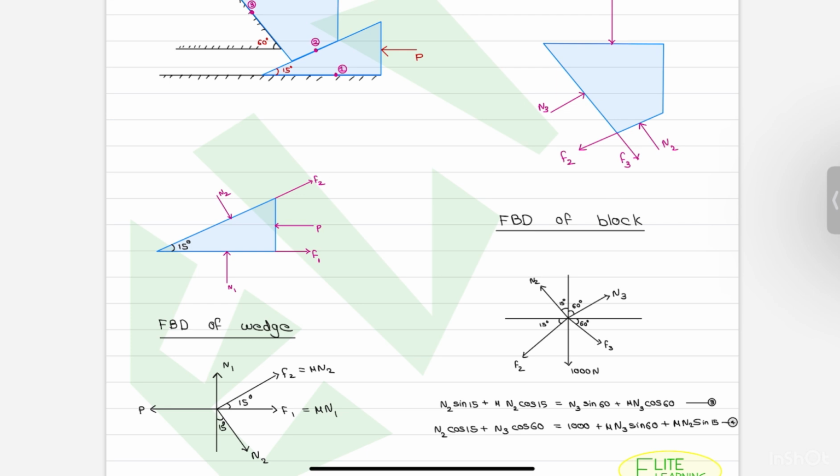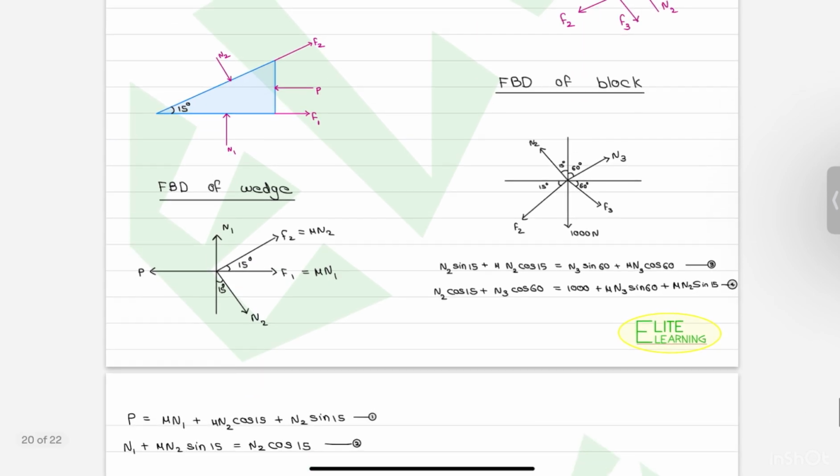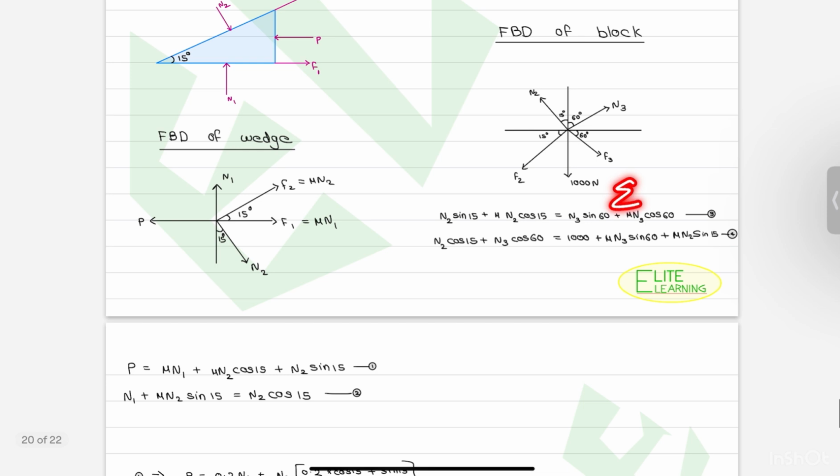Now we can write the equations: summation of Fx equal to 0 and summation of Fy equal to 0.